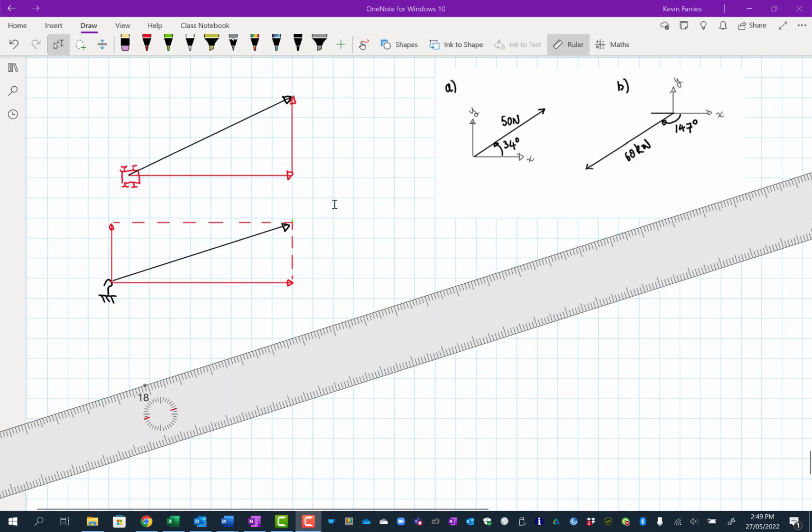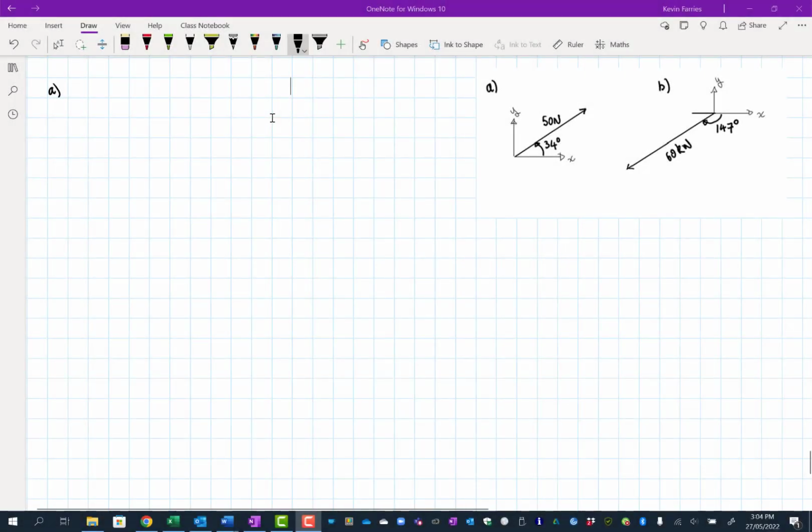But always remember that the reason you can do that is because it's just the same as joining those two vectors nose to tail. But we don't want to draw it that way because it looks like the position of the force has moved, which it hasn't. So having covered that background, let's have a look at doing these two problems.